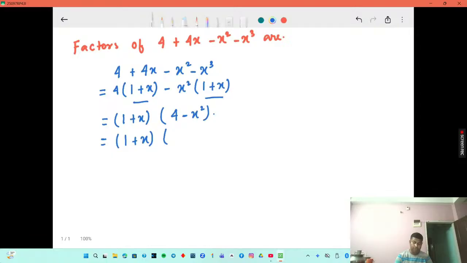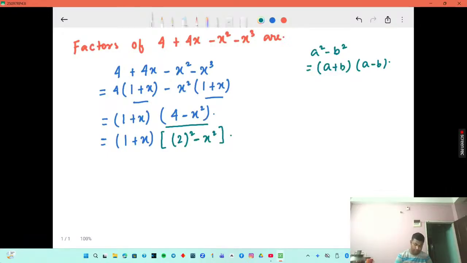Here we have to use the formula a square minus b square to solve this part, the part which I have underlined in green color. The formula for a square minus b square is a plus b and a minus b. So we can write here 2 square minus x square, which is equal to 1 plus x, 2 plus x, and 2 minus x.